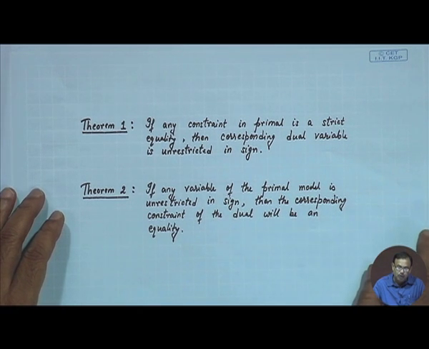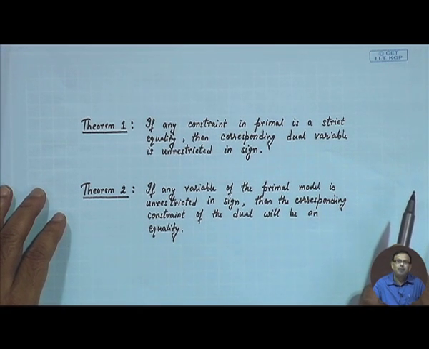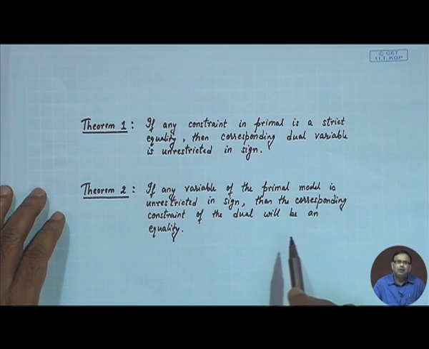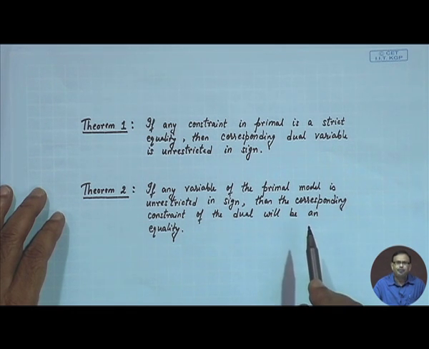In the primal problem, if any constraint is of equality type, then the corresponding dual variable will be unrestricted in sign. Similarly, if any variable of the primal model is unrestricted in sign, then the corresponding constraint of the dual will be of equality type. That means these two are opposite ones.